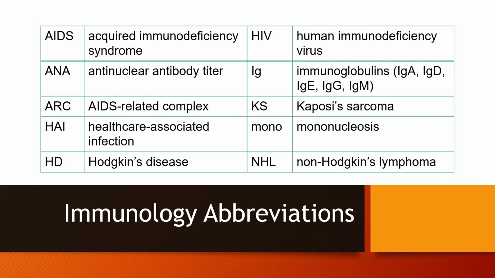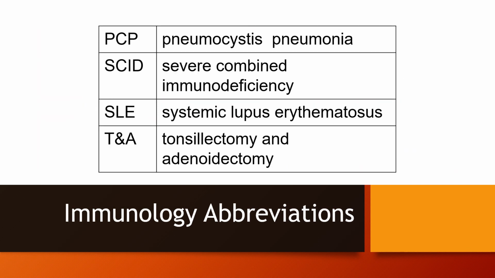KS stands for Kaposi sarcoma, mono, mononucleosis, NHL, non-Hodgkin's lymphoma. PCP, pneumocystis pneumonia. SCID, severe combined immunodeficiency. SLE, systemic lupus erythematosus. T&A, tonsillectomy and adenoidectomy.